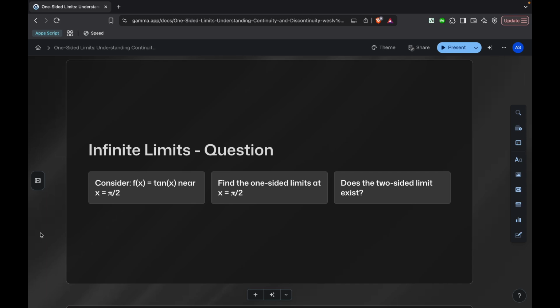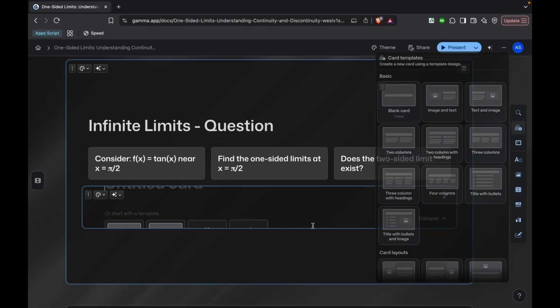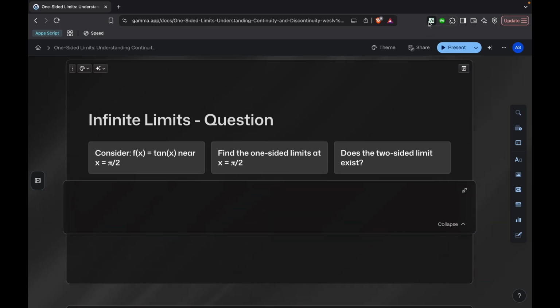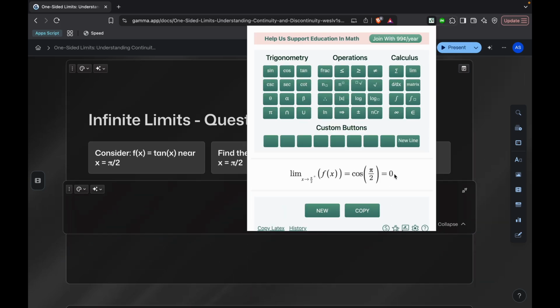Now, we're going to consider f of x equals tan of x, near x equals pi over 2. If we want to find the one-sided limits, we're going to have to evaluate tan of x near pi over 2 from both sides. Now, if x approaches pi over 2 from the left side of f of x, we have two different values.